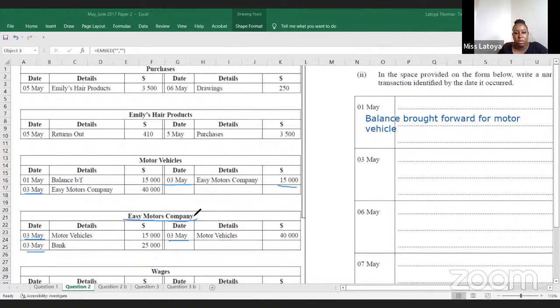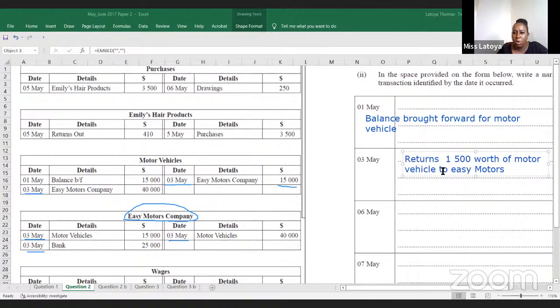All right, so I'll give you 2 narratives that can work for this question. The first one will be returns. I am describing the transaction I'm seeing. So the first one is returns of 1,500 worth of motor vehicles, whatever they bought there, to Easy Motors.